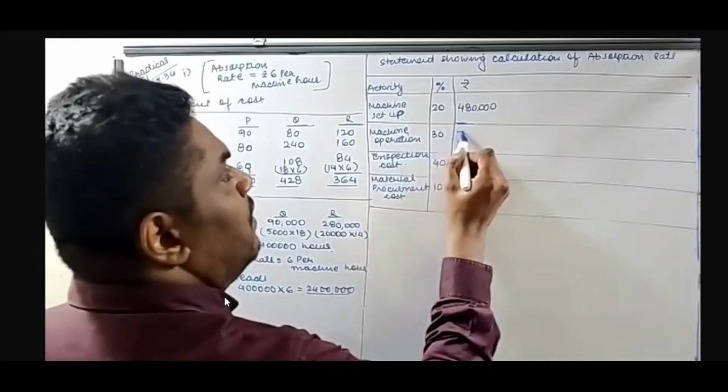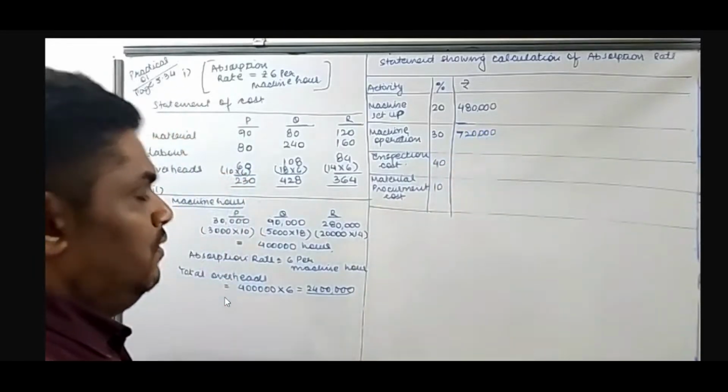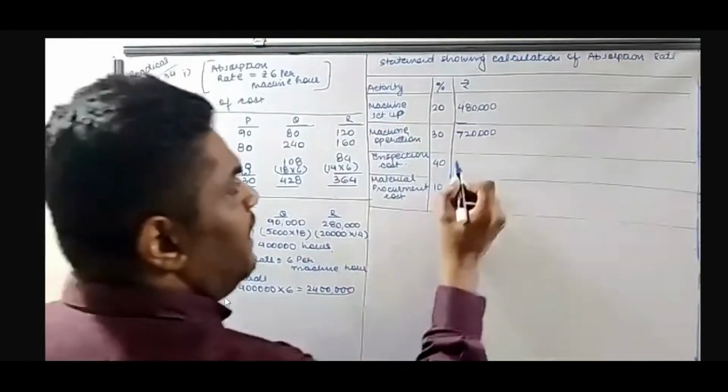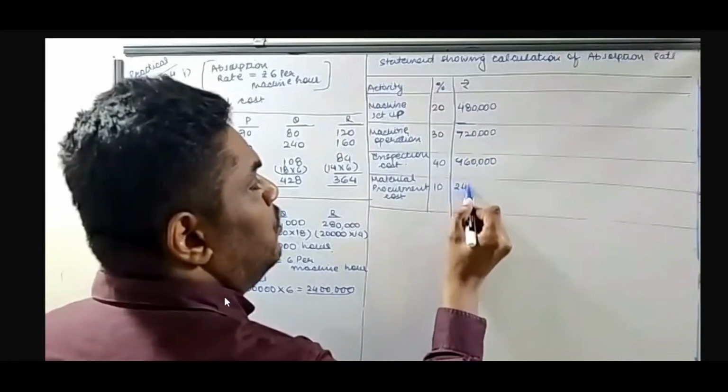This will be 7,20,000. This will be 9,60,000. And this will be 2,40,000.